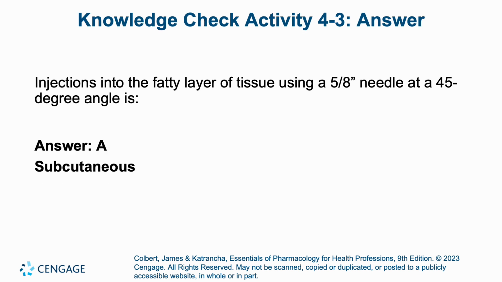Remember that intradermal is going to be that very low angle of about 15 degrees. Intramuscular will be a longer needle, around an inch or longer, at a 90-degree angle. Epidural goes into the spinal space, so that is not done within the nursing scope of practice. And then subcutaneous is usually a 5/8 needle at a 45-degree angle.